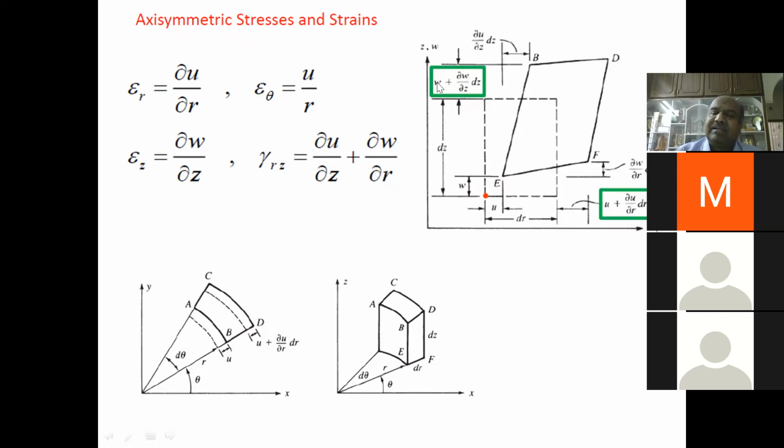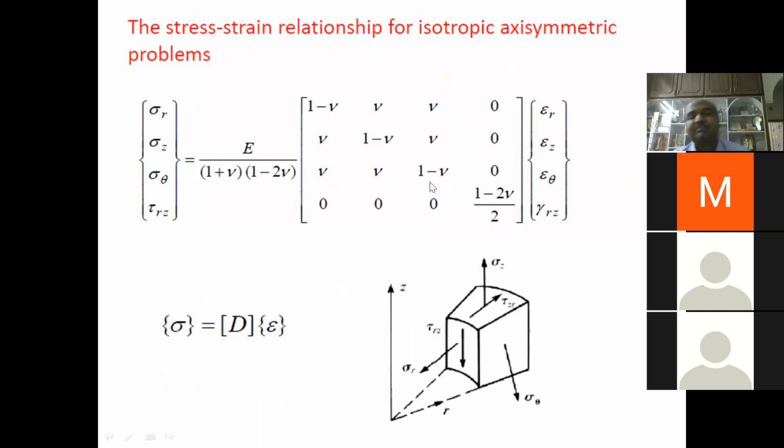So the differential variation of w is dou w by dou z into dz. So dou w by dou z is your epsilon z, and your shear strain, you can have both together: dou u by dou z plus dou w by dou r is going to be your shear strain.